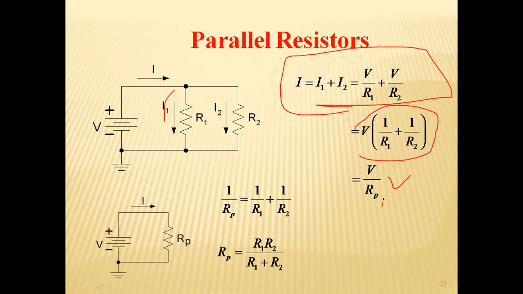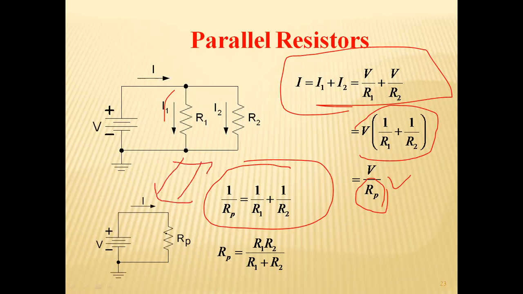This RP is the parallel resistance. The total resistance for the parallel combination is 1 by RP equal to 1 by R1 plus 1 by R2. So we have modified this expression as such, with voltage source V and parallel resistor RP. This is the general formula for calculating the total resistance of a number of resistors connected in parallel combination.